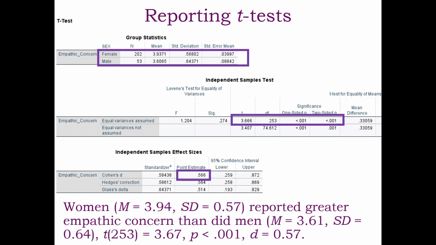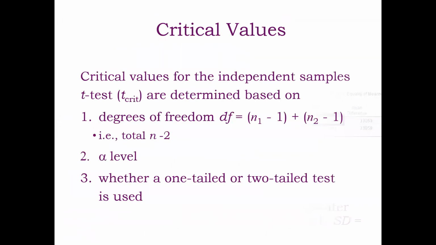So a few more things. First, critical values are determined by degrees of freedom and alpha level, just like with our one-sample t-test. If you were going to be using a t-table, you would do it the exact same way that we talked about last unit, okay? So decide if it's one-tailed or two-tailed, the alpha level, and we figure out our degrees of freedom, which is N1 plus N2 minus 2.